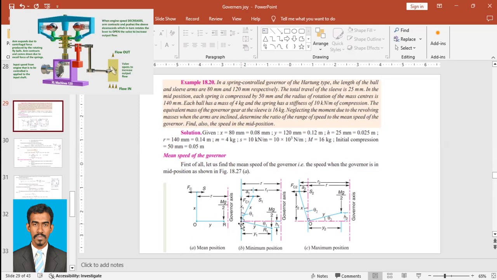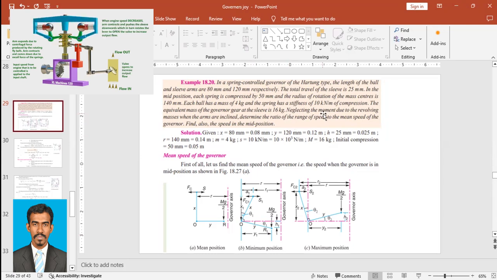But in the minimum position, the ball mass would be here, and its mg acts this way, at a small distance from O to the line of action. So while calculating moment, we would need to consider that also.